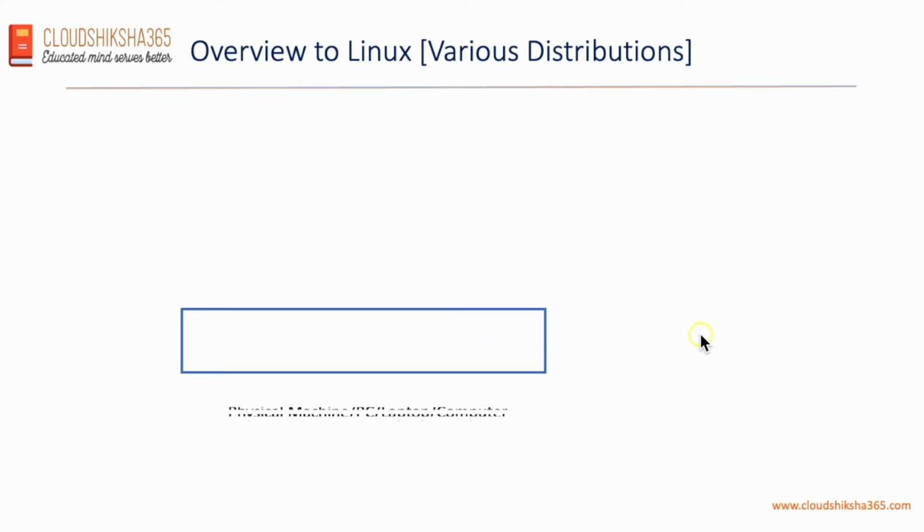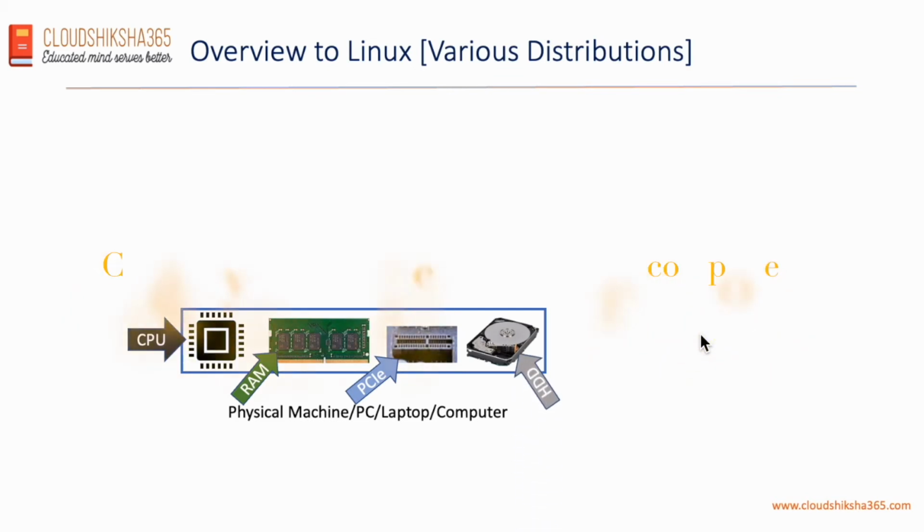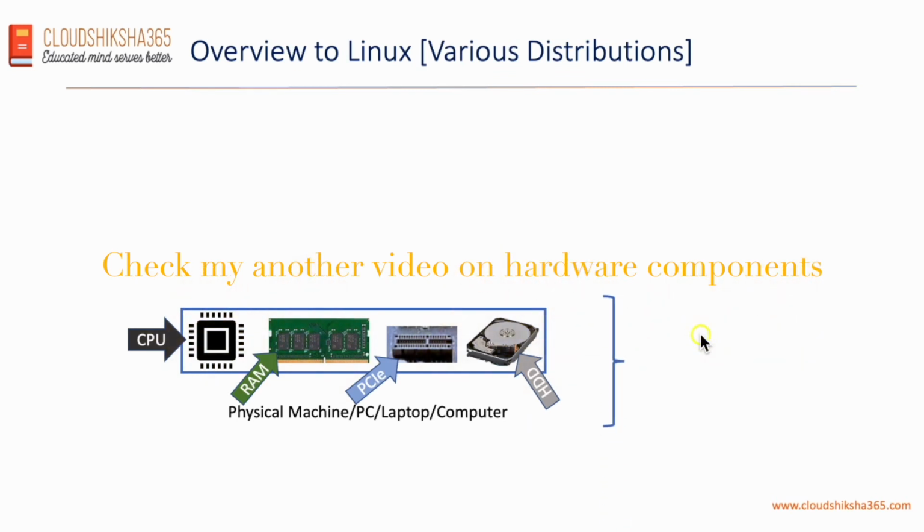Let's take an example that we have a physical machine, any PC, laptop, or computer that has various physical components like CPU. It has memory, we call that RAM. Then it has, let's say, any PCI or PCIe interface. Then it has a hard disk inside it and many other physical components, and we call these physical components hardware.